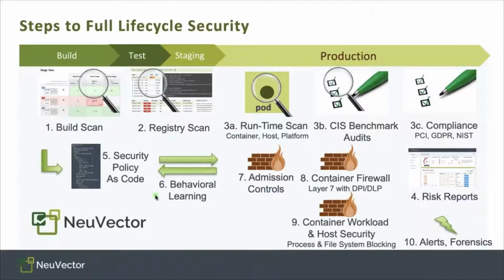This is a critical part of automation that's going to enable you to avoid having to manually create rules to protect new applications and possibly slow down your pipeline. Admission controls, we talked about, as a key integration step for preventing unauthorized deployments. And then the firewalling and host security, as well as alerts and forensics, are also key areas of automation.